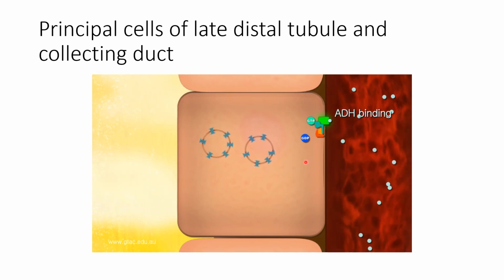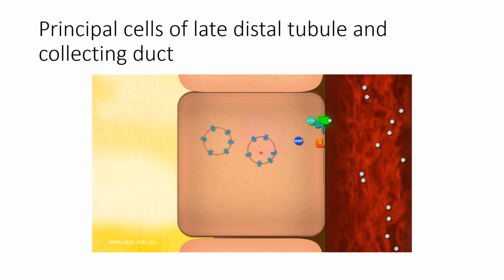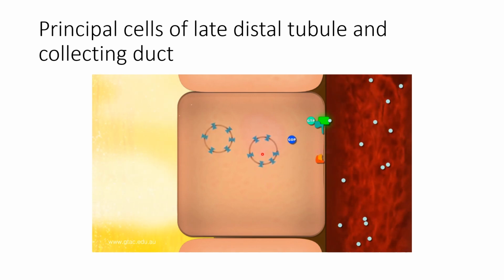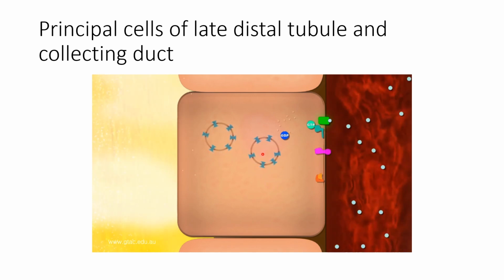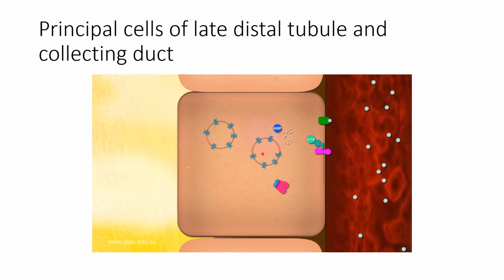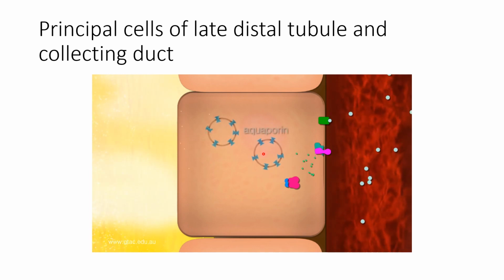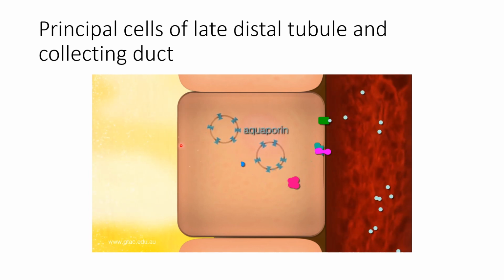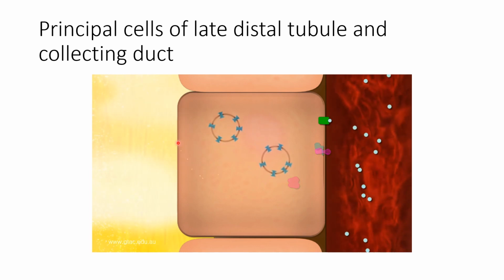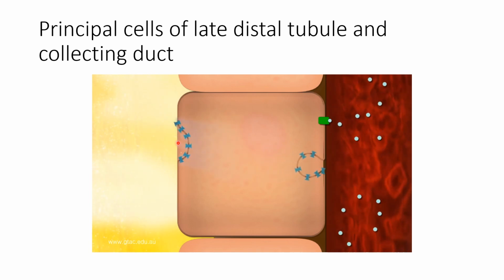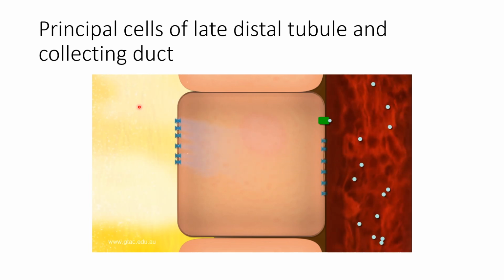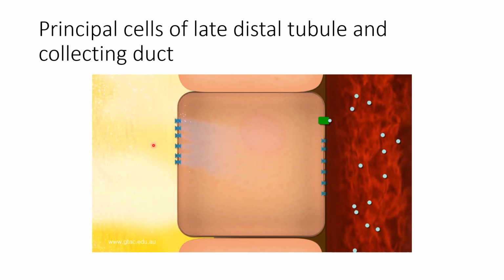This V2 receptor leads to the synthesis of these channels, which, as you can see, are the aquaporins. They are either activated or they are increased in number by this activation of the receptor. They will move all the way along to the apical membrane, where the kidney is filtering the filtrate, that is water.